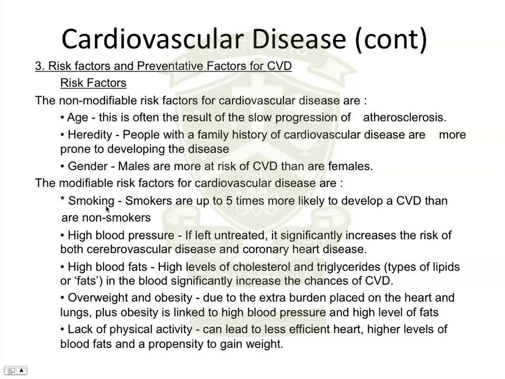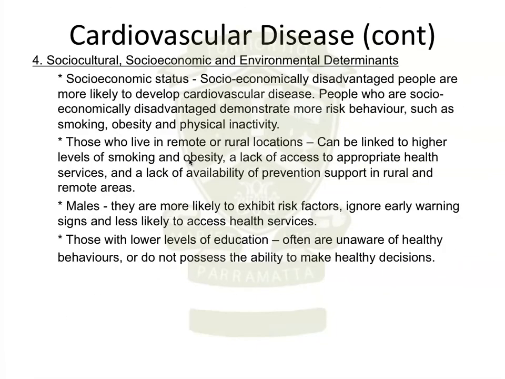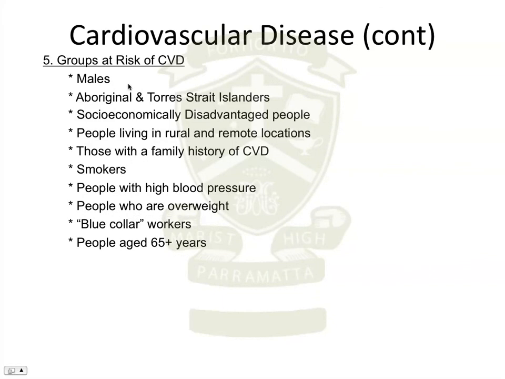If smoking is a risk factor, then people who smoke will be a group at risk. If heredity is a risk factor, then people with a family history of cardiovascular disease will be a group at risk. So you can see here we've got those with a family history of CVD, smokers, and people aged 65 years or older as groups at risk.